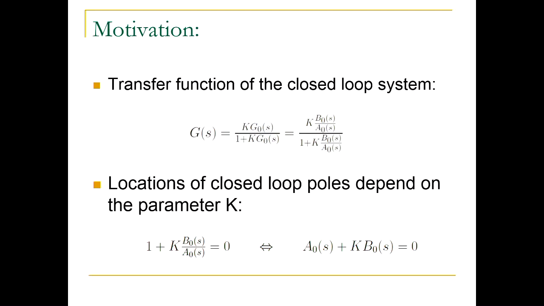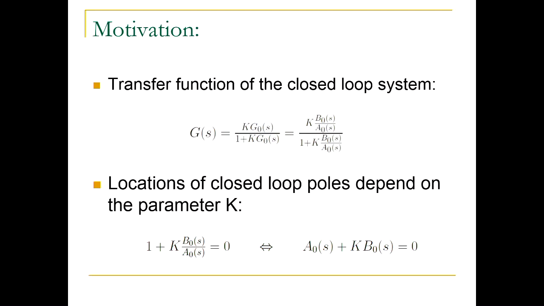So we need to equate this to 0 and solve it in s. So for each fixed k, we will have a different set of solutions. But note that this is equivalent to looking at something like this. I just multiply everything by A0, and then I can be looking at A0(s) plus k B0(s). And so solutions of this equation or that equation will be the same. And these solutions would be basically poles of the closed loop transfer function.